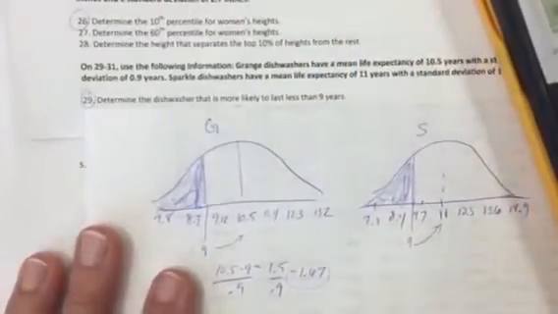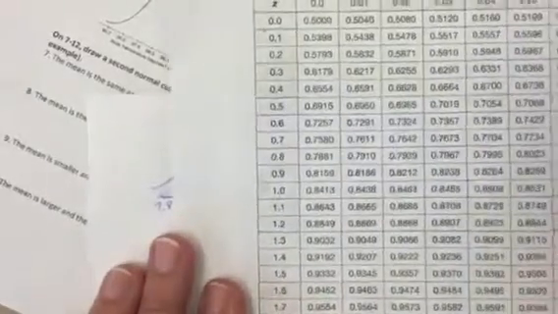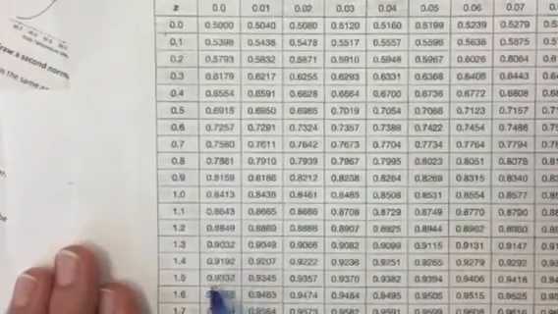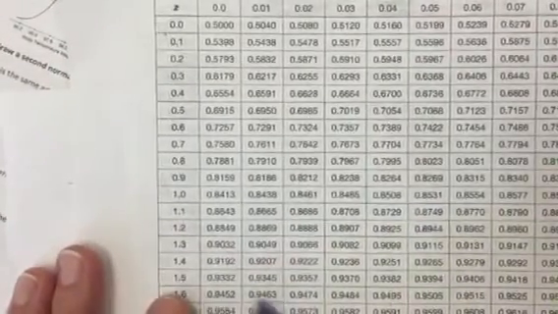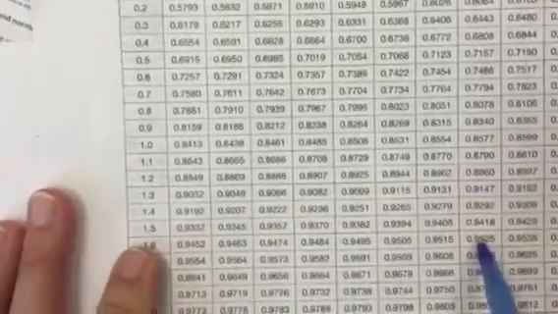So we'll go get that table. This is the negative side. Look for the positive. We go down to 1.6. And then over, you can barely see it, but 1.6, 1, 2, 3, 4, 5, 6, 7, right?